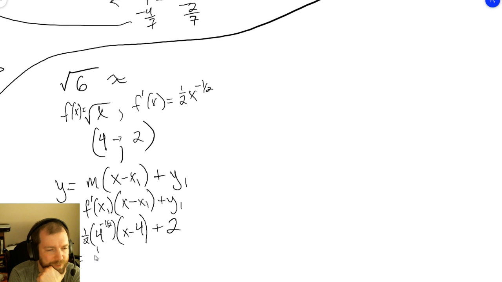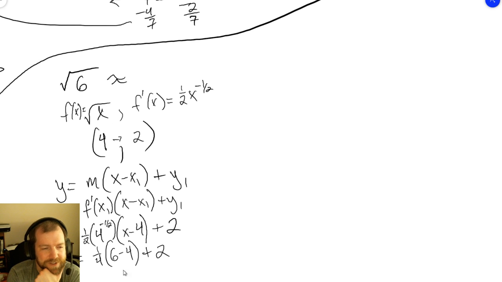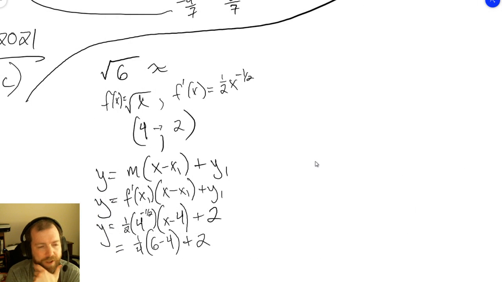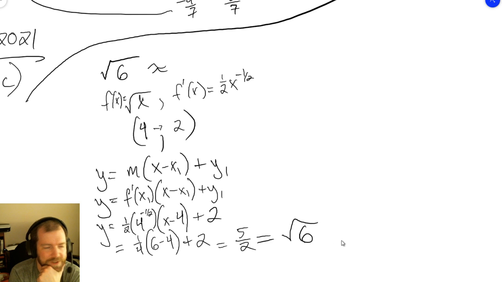So then this is going to be 1/4 times, this is 6 minus 4, the intended input, 6, plus 2. So that's going to be 2 over 4 is a half, plus 2 is 2.5. So there you go. 5/2 is going to be approximately equal to the root 6.